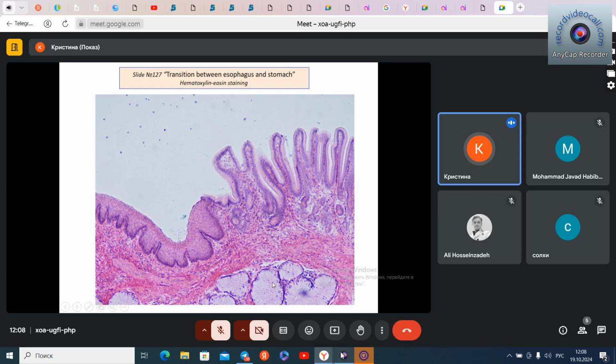It means that they are located in the submucosa. Other glands here are located above the lamina muscularis, inside the lamina propria mucosa. They are cardiac glands of the stomach. The same glands can be found in this region of the esophagus, but they should be present also in lamina propria mucosa.